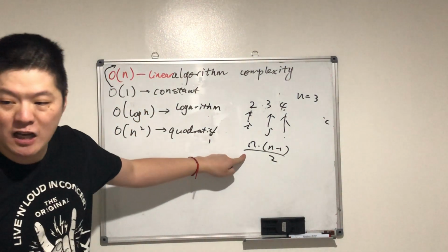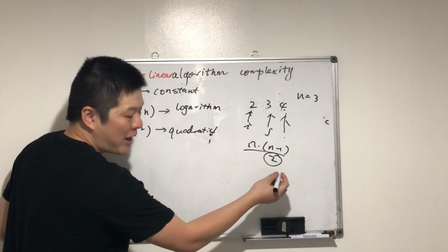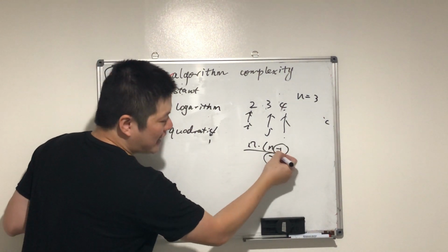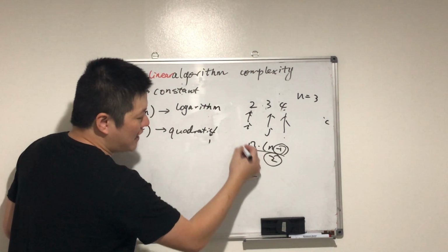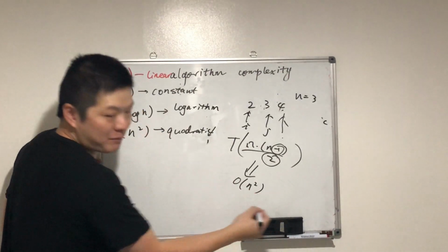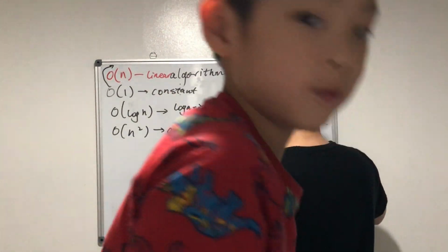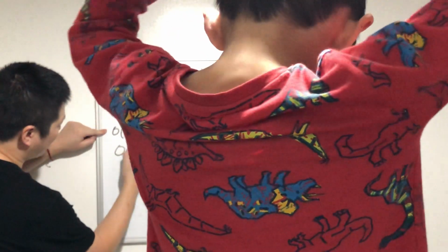This is still quadratic because those are constants. So this timing is still approximately quadratic.